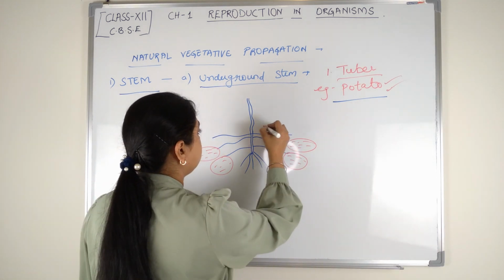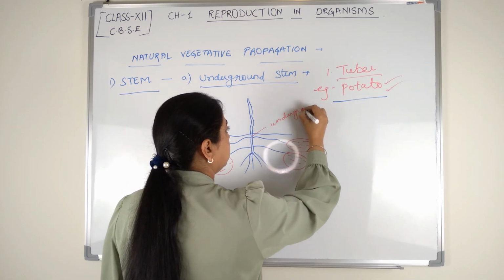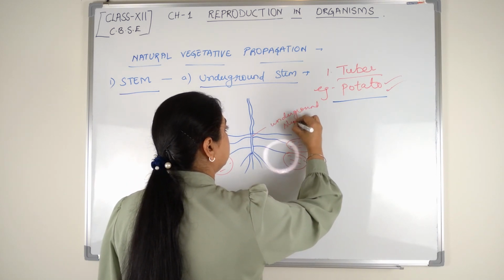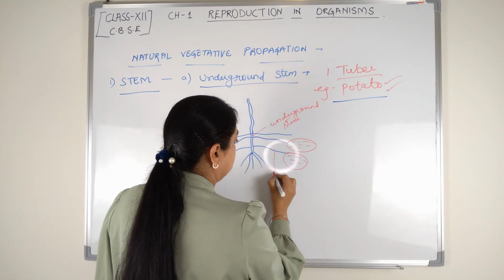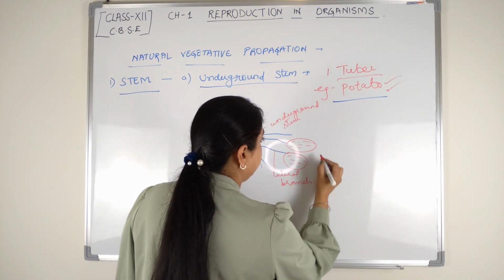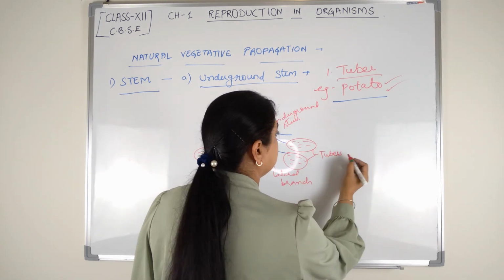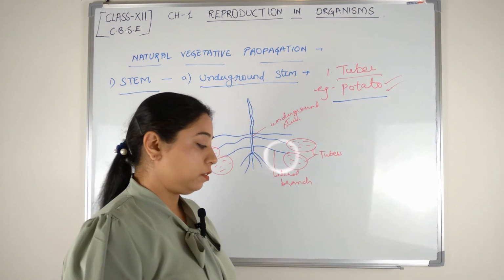Right. Suppose this is the underground stem. This is a lateral branch. Then these are all tubers. Okay, potato tubers.